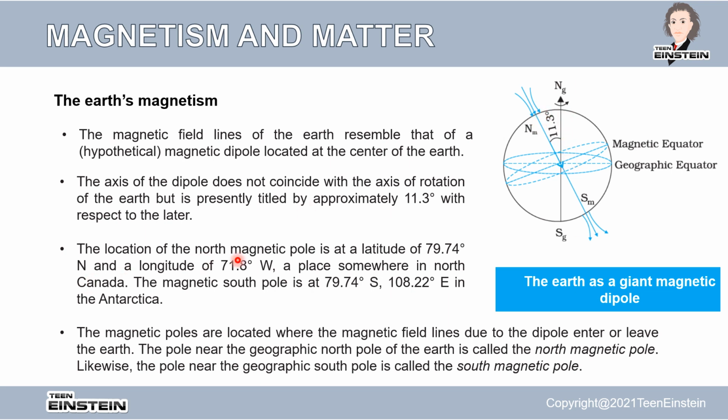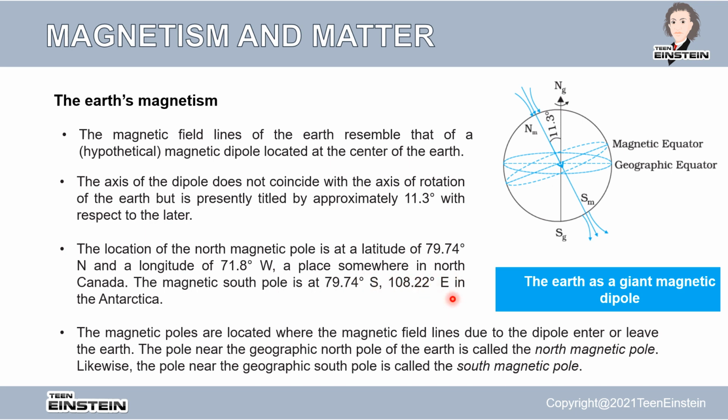The location of the north magnetic pole is at a latitude of 79.74 degree north and a longitude of 71.8 degree west, a place somewhere in North Canada. So that is where the North Pole is located. The magnetic South Pole is located in Antarctica at 79.74 degrees south and 108.22 degree east.